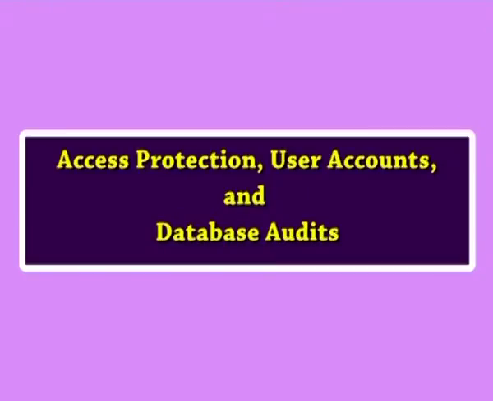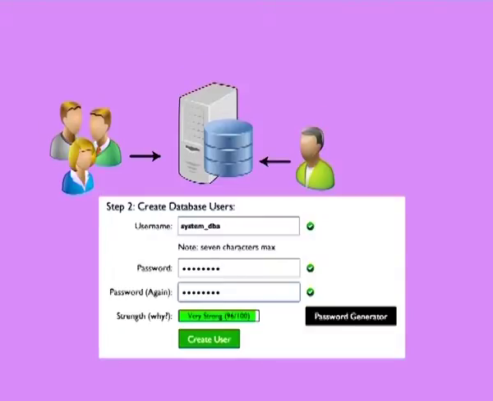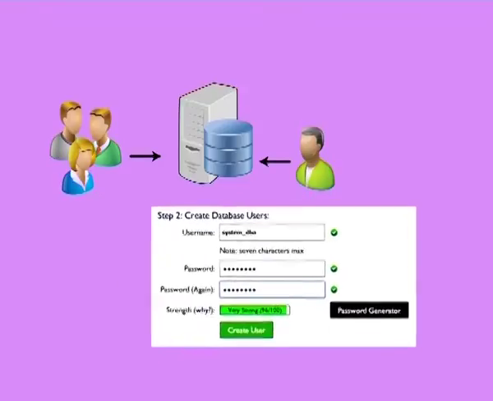Then comes access protection, user accounts and database accounts. Whenever a person or a group of persons need to access a database system, the individual or group must first apply for a user account. The DBA will then create a new account number and password for the user if there is a legitimate need to access the database.